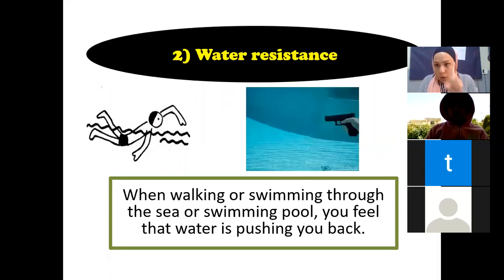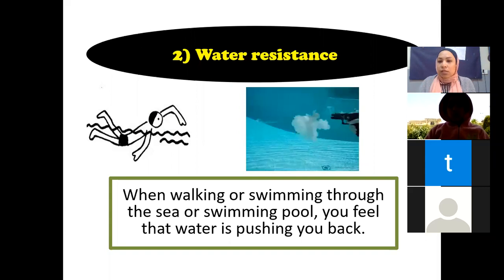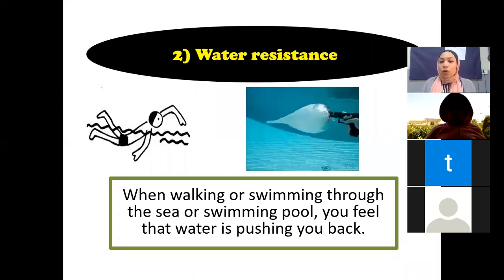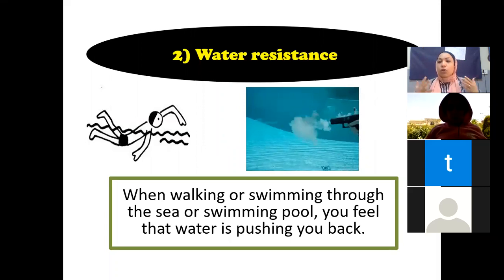It is one type of the friction force, but since it's related to water, we are going to call it water resistance. So when you're walking or swimming through the sea or the swimming pool, you feel like the water is pushing you back. This is what water resistance is. Is it clear?